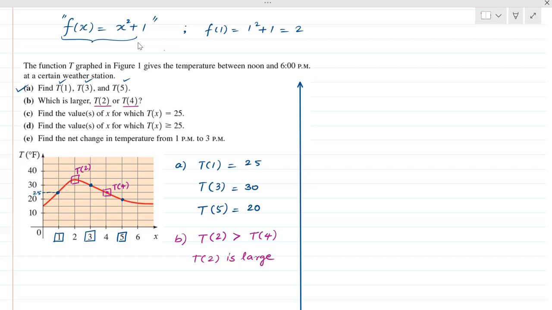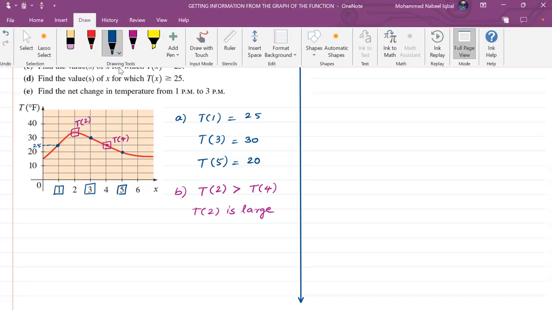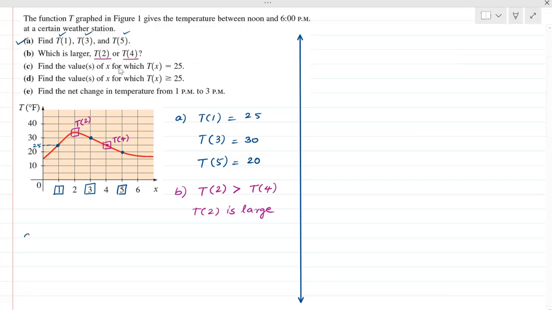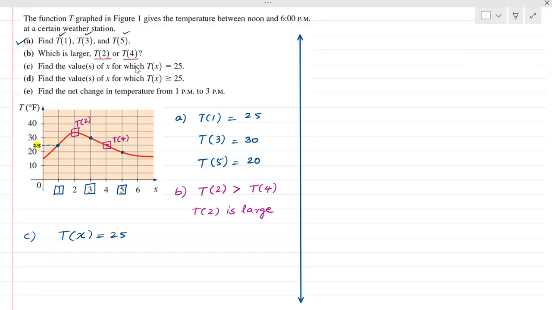The next one: find the value of x for which T of x equals 25. So here we have to find the value of x at which T of x equals 25. When you find 25, you get one position here.